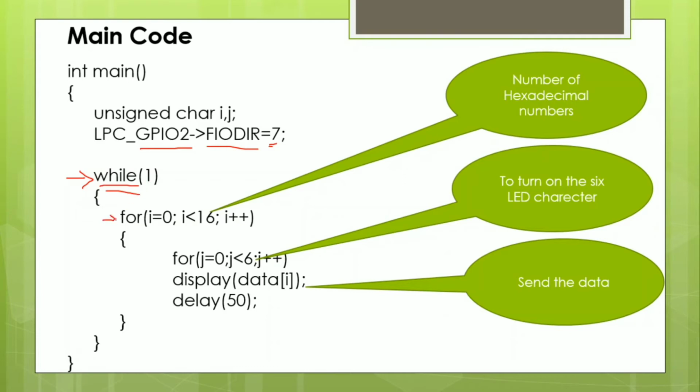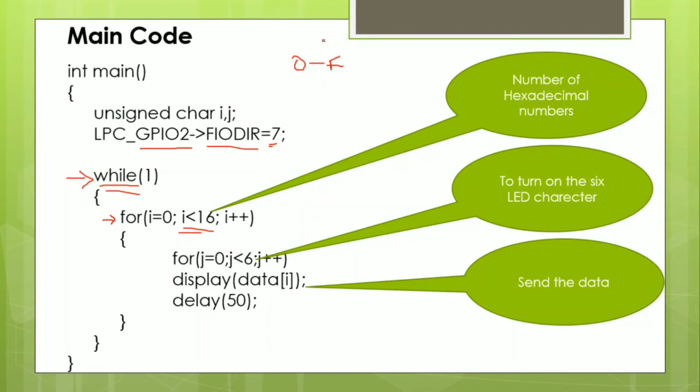In that you are defining a for loop. In this for loop you are taking 16 iterations. Why 16 iterations? Because you have 0 to F, 16 numbers to display.